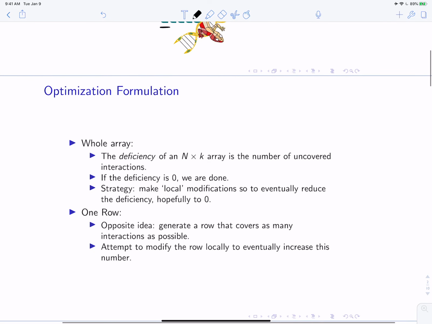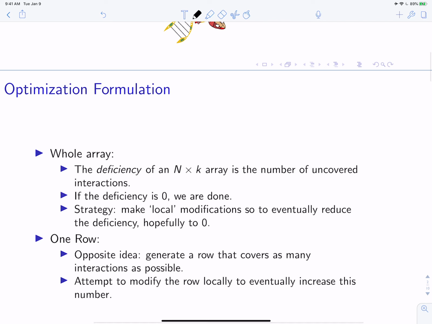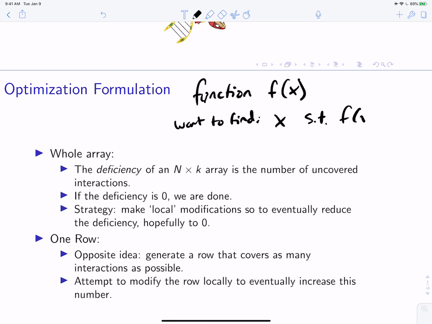So here's the basic idea. We have some kind of function, f of x, and we want to find an x such that f of x is maximum or minimum or something.